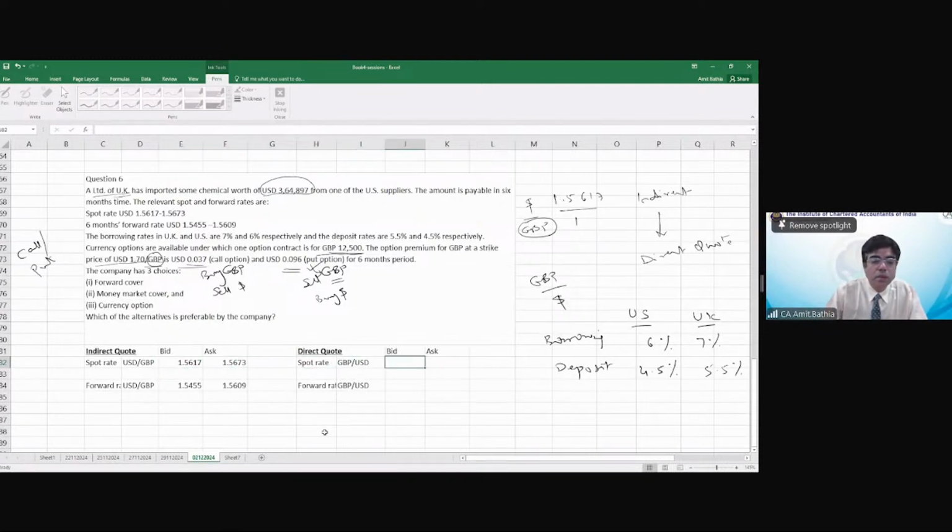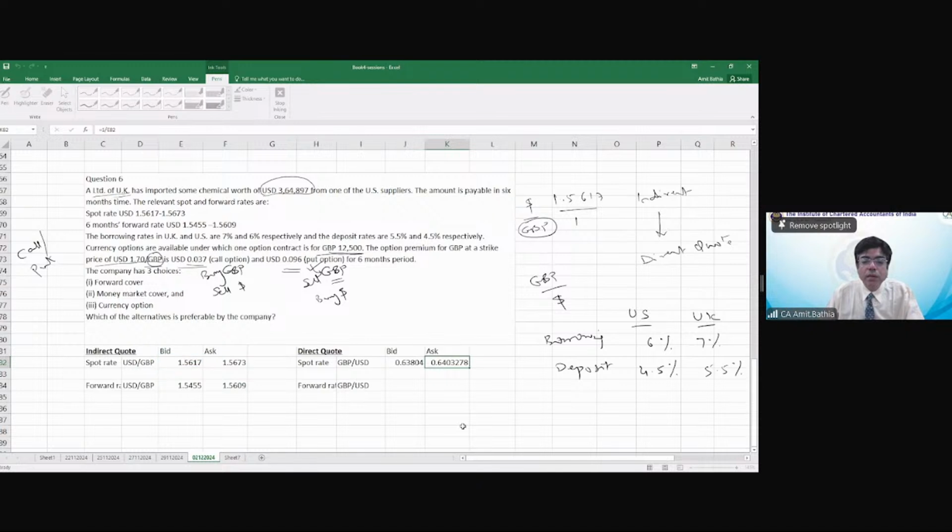So here my bid rate is going to be 1 upon whatever is the ask rate over here, 1.5673. Similarly, over here 1 divided by ask needs a bid rate, right? Are you with me?